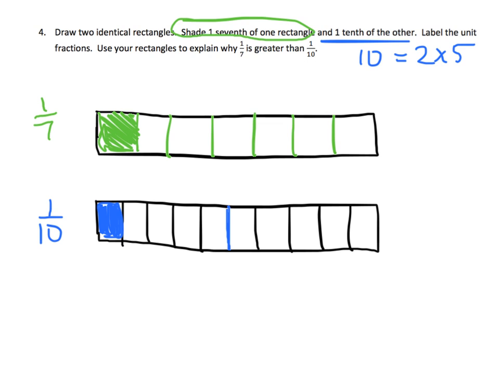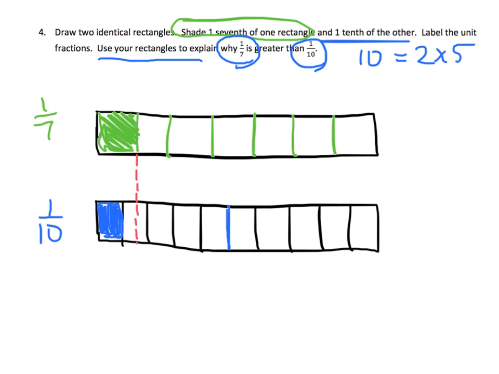So then the question says, use your rectangles to explain why 1/7 is greater than 1/10. Well, you can see that 1/7 really is bigger than 1/10, and that 1/10 is less than 1/7.